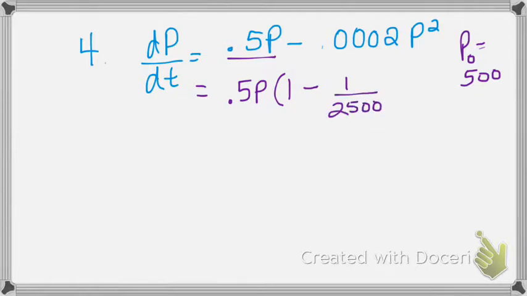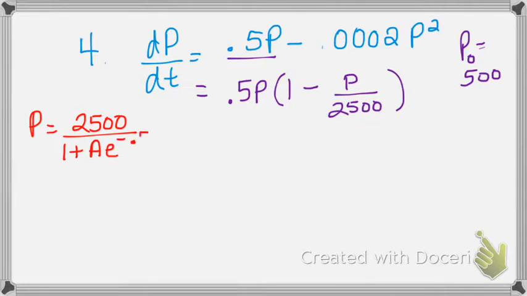That's p squared. I'm factoring out a p, so really the top is just a p. So that will give me the equation P equals 2,500 for the limit over 1 plus A e to the negative 0.5t.